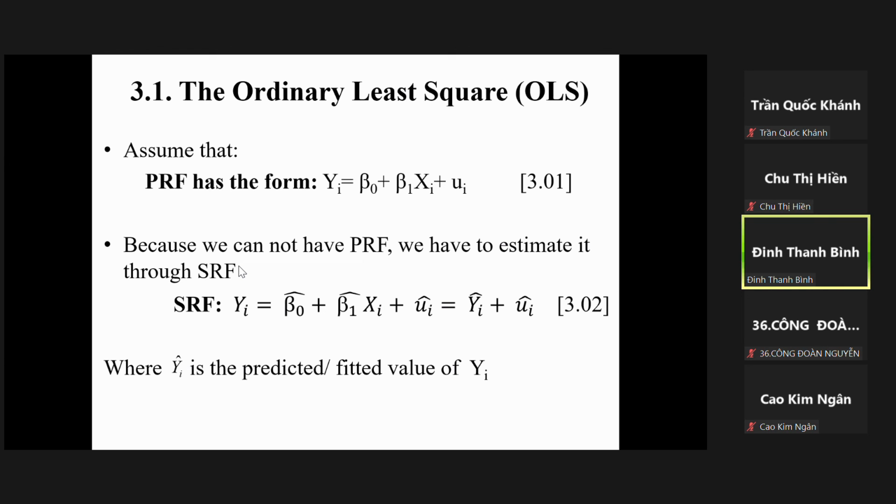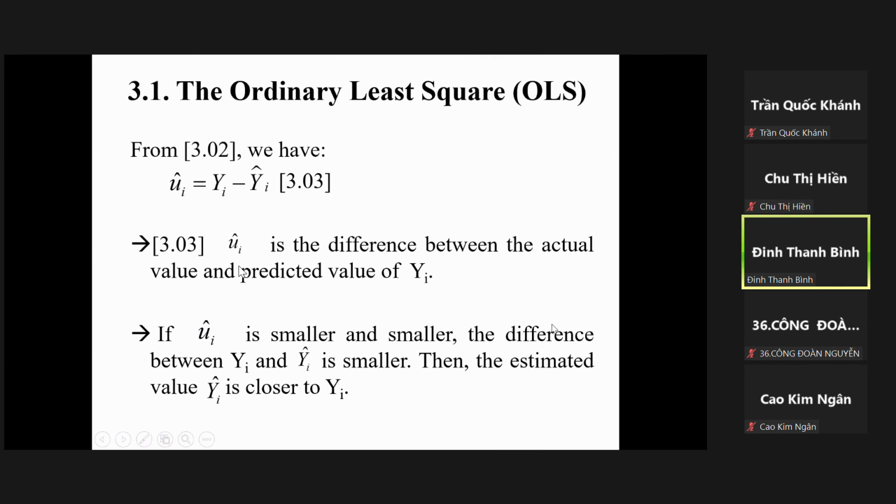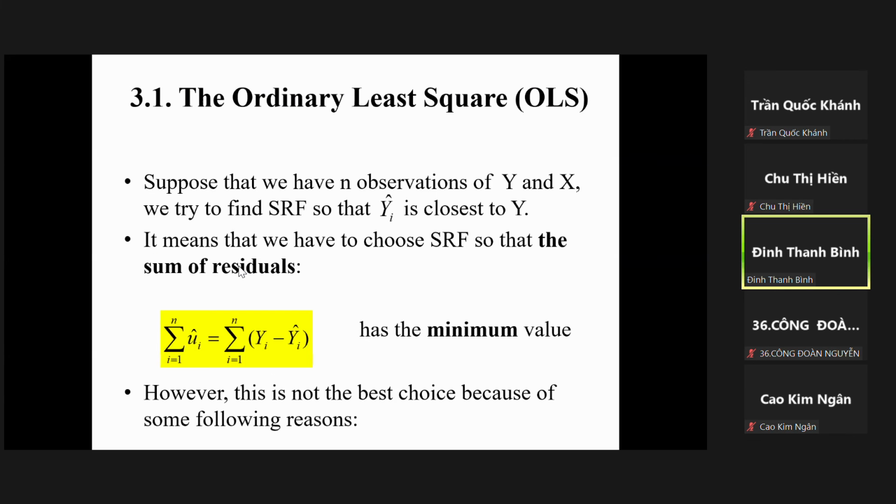And so y here is the real value of observation i, which is equal to the fitted value plus the residual, the u hat here. Okay, so Gauss says that now we have to find beta 0 hat, beta 1 hat, so that the sum of u hat has minimum value.